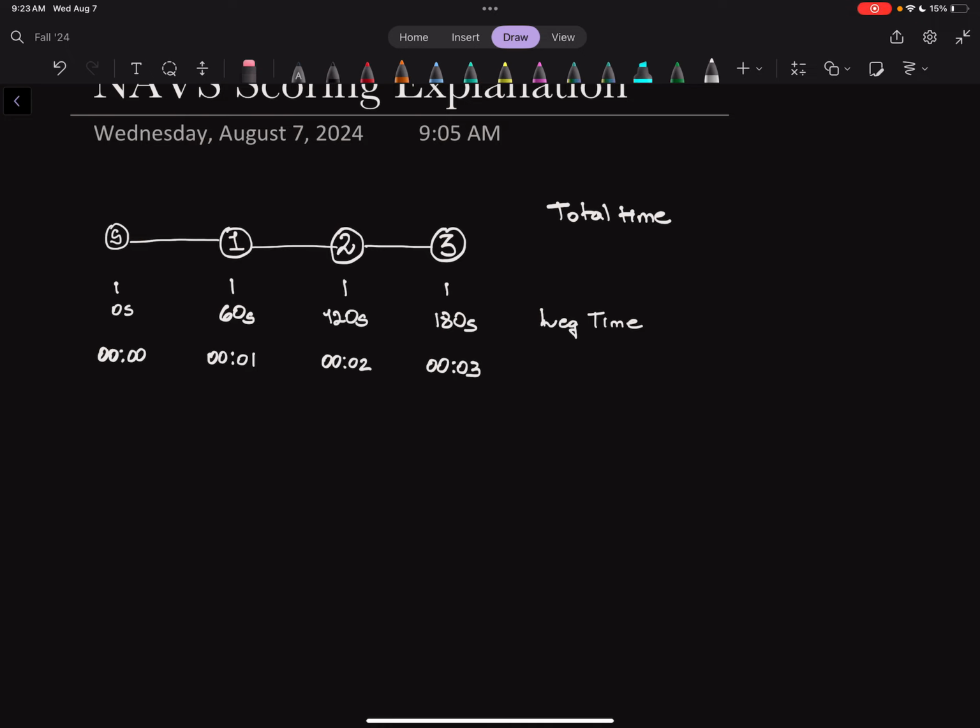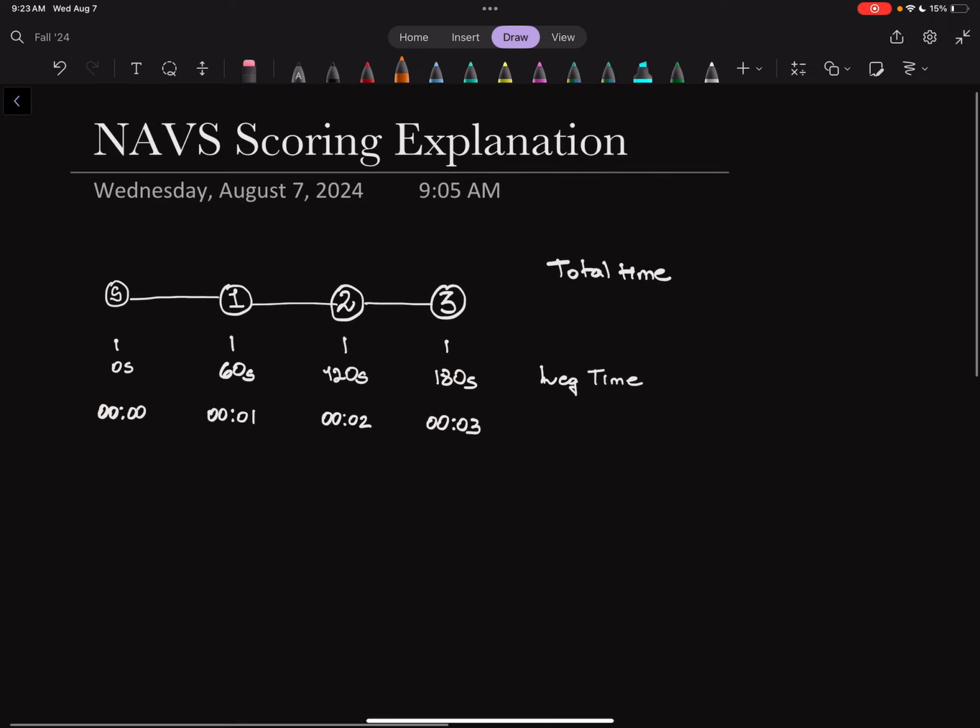So let's say, though, that you make some mistakes and you're 30 seconds early here. Now, you still start at midnight, but now you get here at 30 seconds past midnight instead of a minute past midnight.